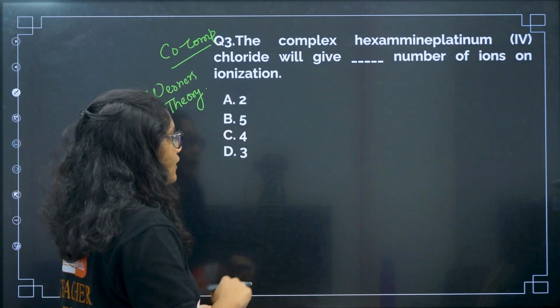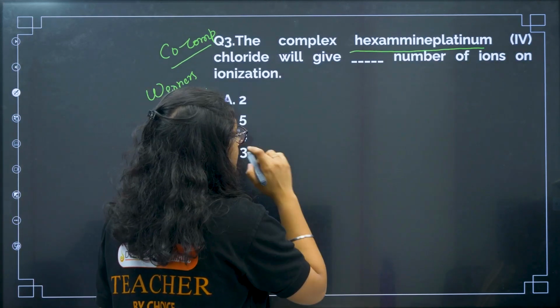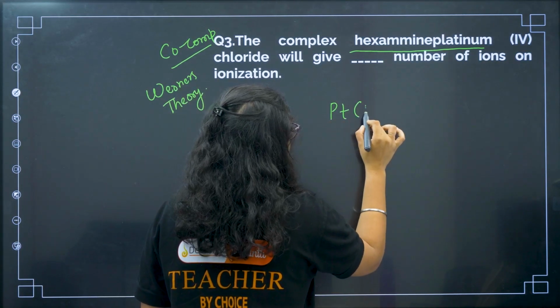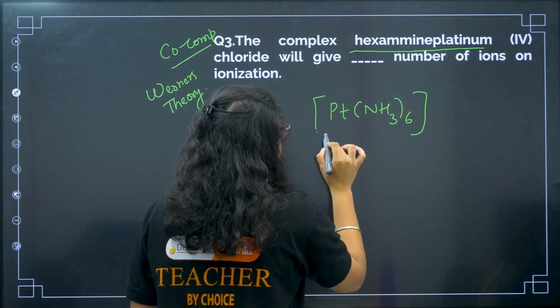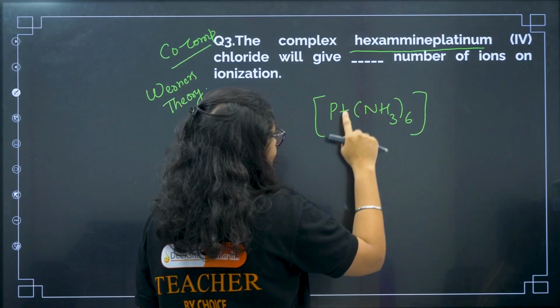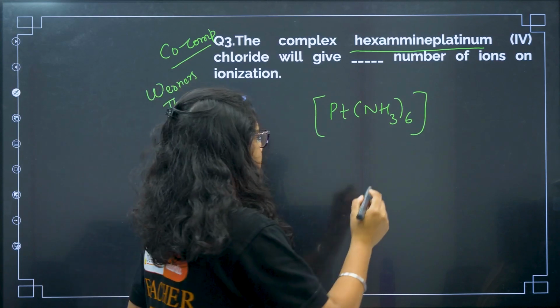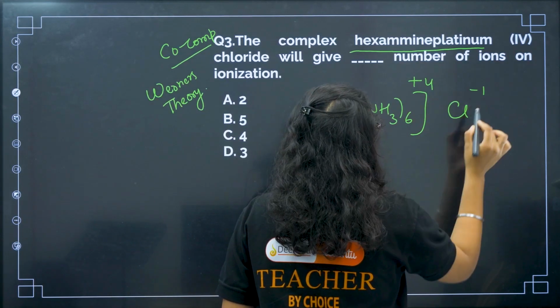Now let us try to write the formula for this compound. Hexaammineplatinum(IV) chloride: platinum is there, and we have hexaammine. The platinum charge is +4, and NH3 is a neutral ligand, so the complex charge is also +4, and we have chloride ion Cl-.